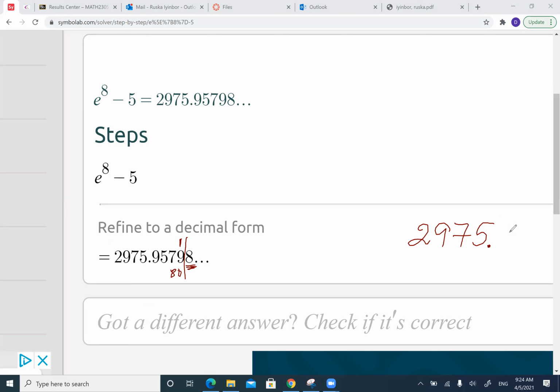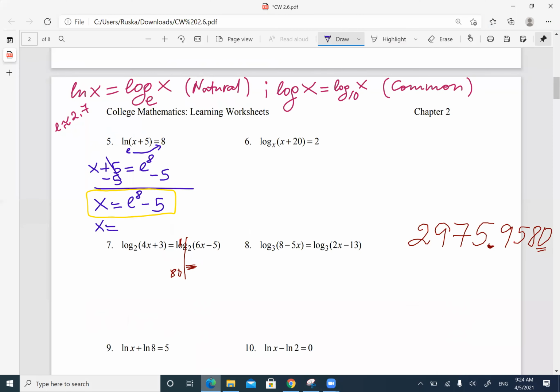So it's going to be 0.9580. Now this 0 in the end is kind of insignificant, so you don't have to put the 0 in the end. Okay, so I'm going to just copy that in my answer. So my answer here is going to be 2,975.958.